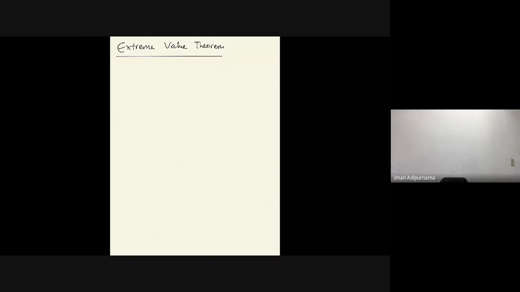So this will be discussing the maximum and minimum value from the graph. Okay. This we call the max, and this is the minimum.